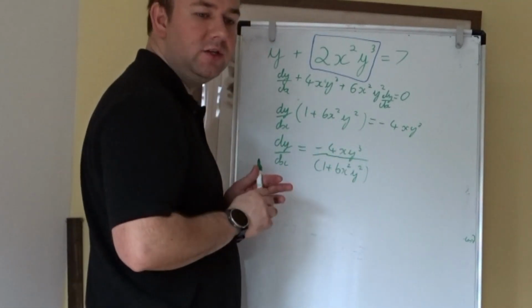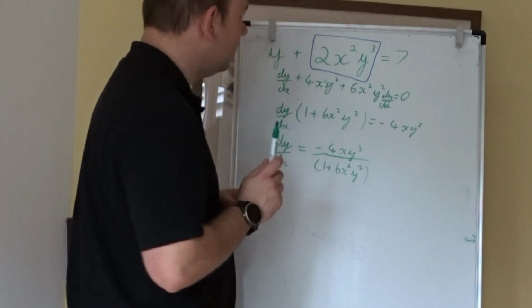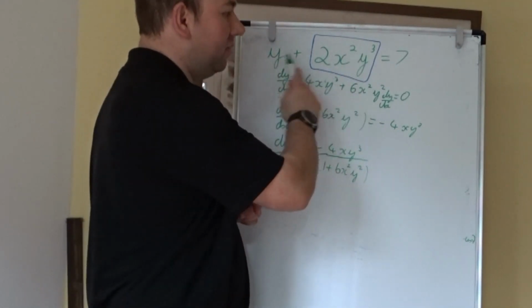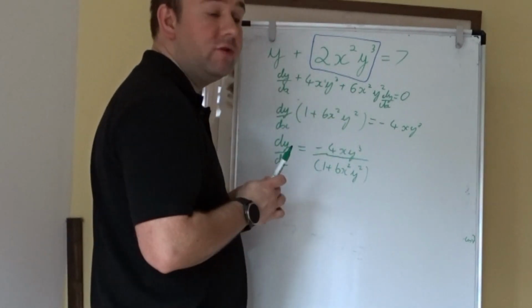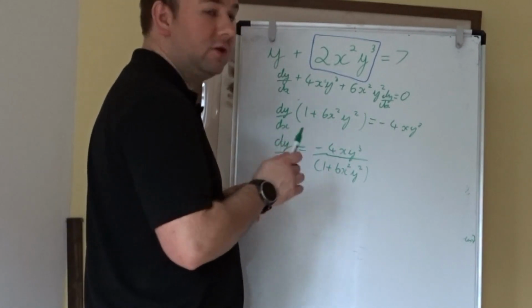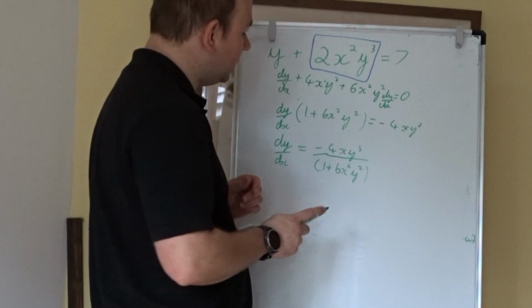So this is how you do differentiation implicitly. The rules are: differentiate with respect to x as normal, so each term differentiate with respect to x. Then go through and differentiate each term with respect to y, and each term that you differentiate with respect to y, put a dy by dx after.